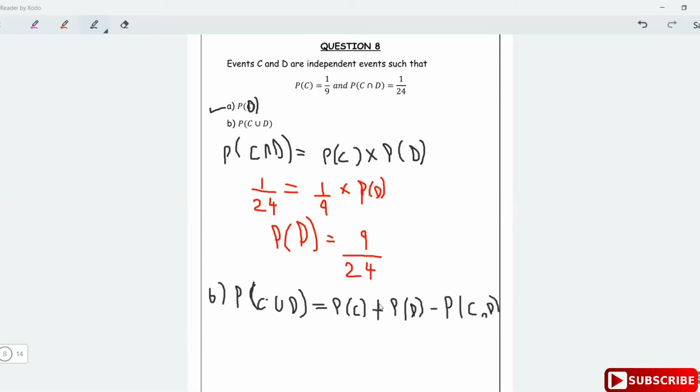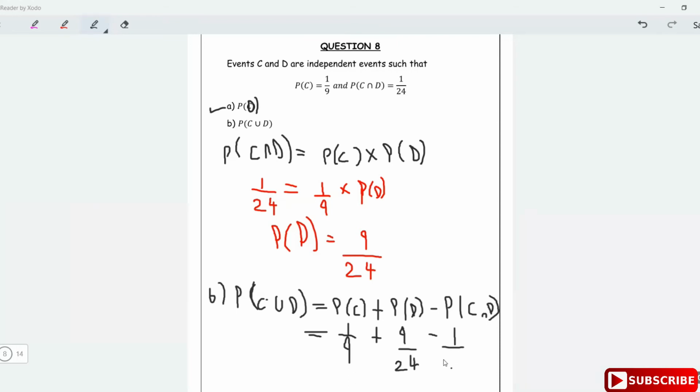Now the probability of C we know already. The probability of C is 1 over 9. It's going to be 1 over 9 plus the probability of D, which is 9 over 24, minus their intersection, which is 1 over 24.